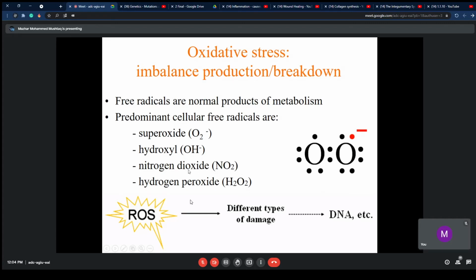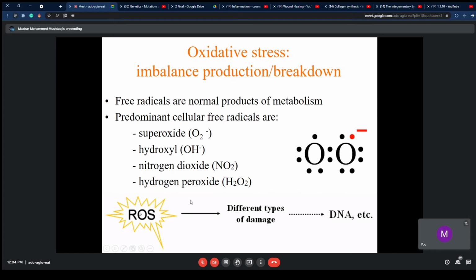So these are actually the free radicals, and if they are nearby, for example, nearby to the DNA, nearby to the protein, nearby to the lipid, nearby to the cellular membrane, or nearby anything, they are going to damage anything which is present nearby. For example, here they have mentioned the DNA and others, that means the protein, lipid, and other things.